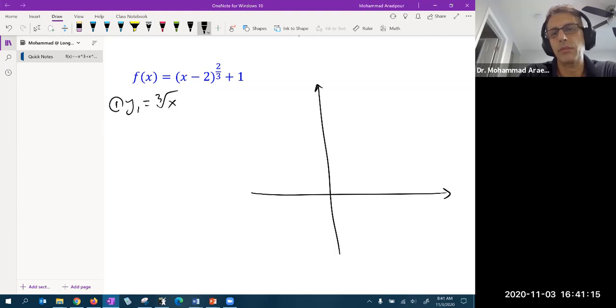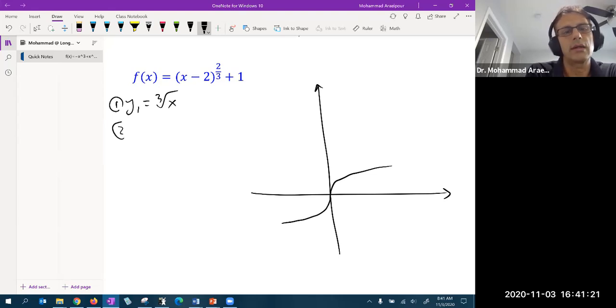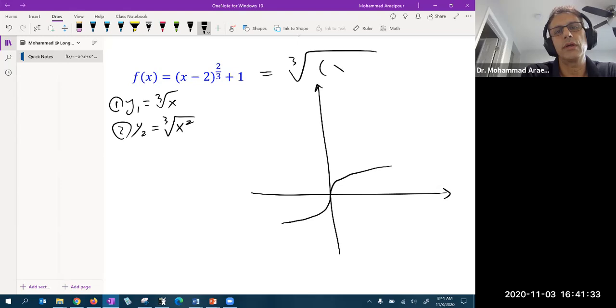I hope you remember cube root looks something like that. Number two, I'm going to call it y sub 2 is cube root of x squared. By the way, this is cube root of x minus 2 squared plus 1, okay?